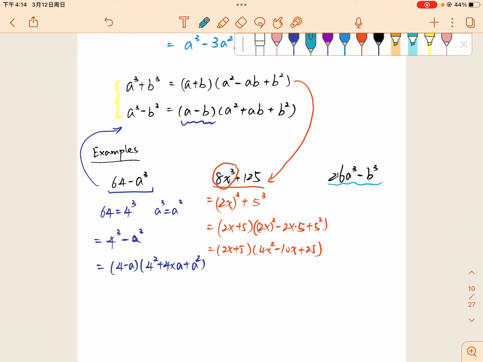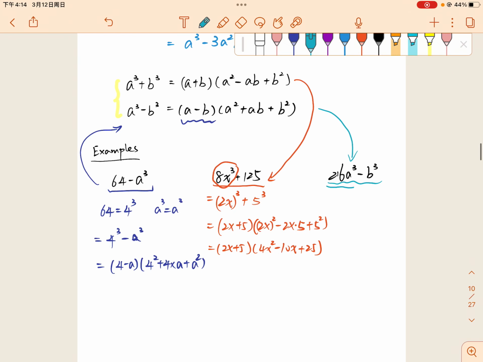And the last one, we are also using the difference of cubes formula. We put this into a whole thing cubed first. So 216a cubed is equal to (6a) cubed, right? So now our expression becomes (6a) cubed minus b cubed, which gives us, using the second formula, (6a minus b) times ((6a) squared plus 6a times b plus b squared).